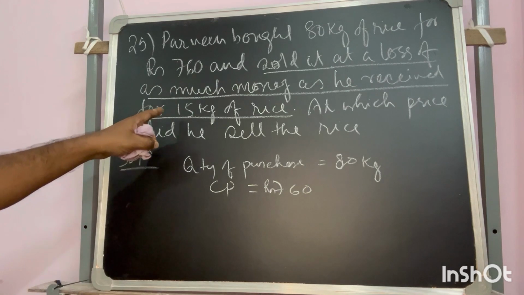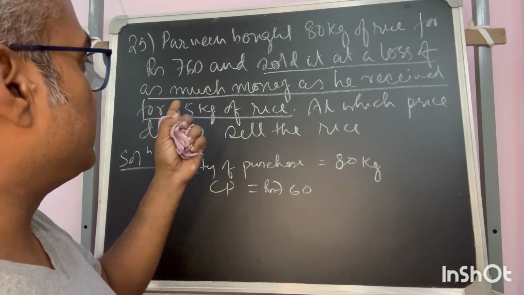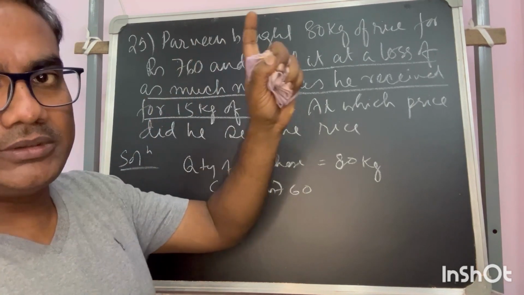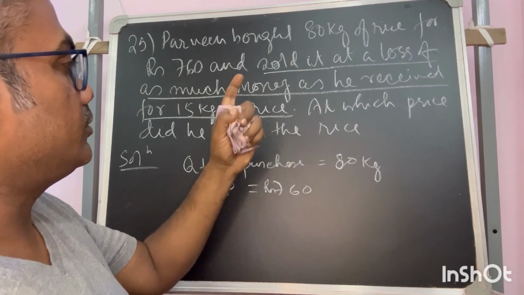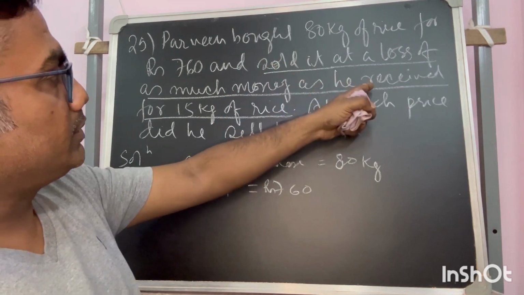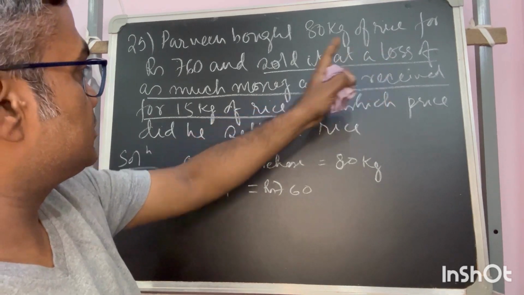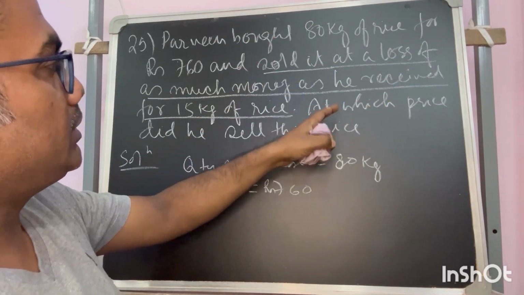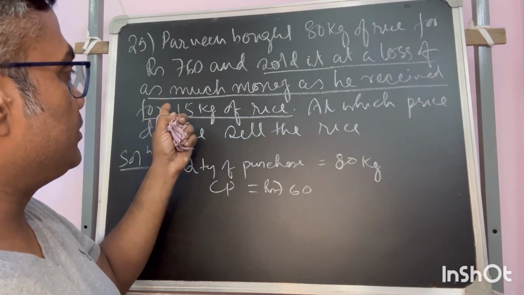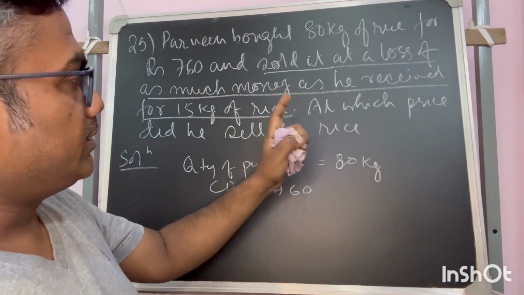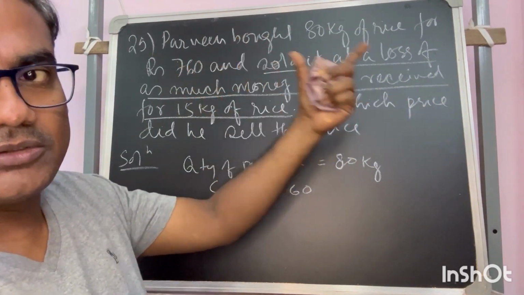So when he sells the thing, not when he is buying it, the loss is equivalent to the money he will receive for 15 kg. If you sell 15 kg at the selling price, whatever price you get is equivalent to the loss.